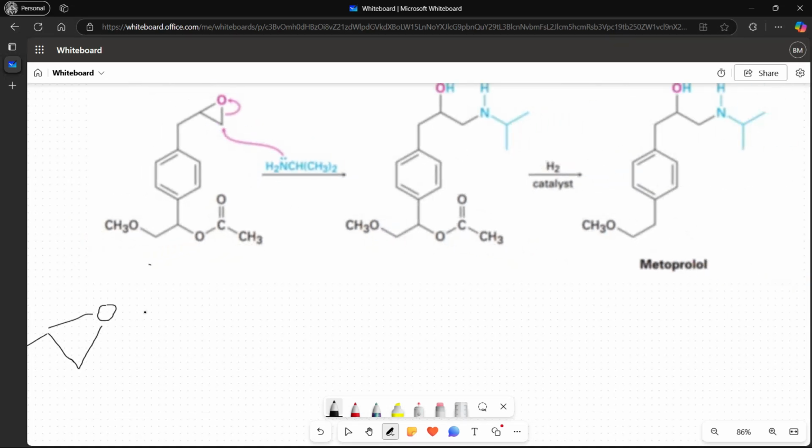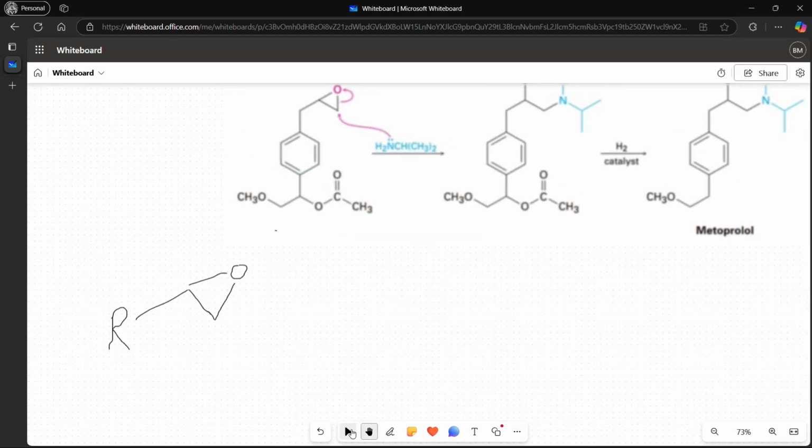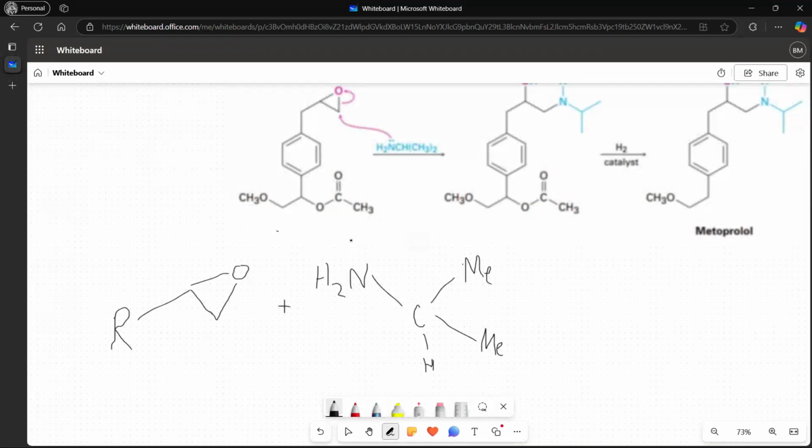Okay, so let's draw this one, plus your H2N attached to your C. Then I have an H here. Then I have two methyl groups here. Okay. This is your nucleophile.